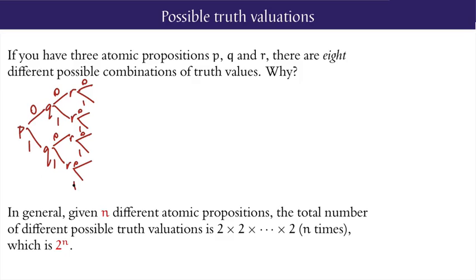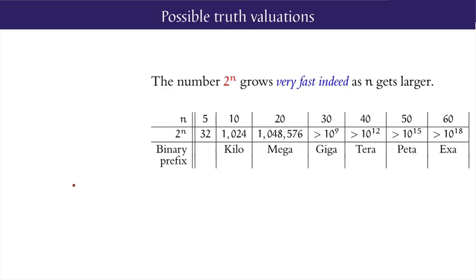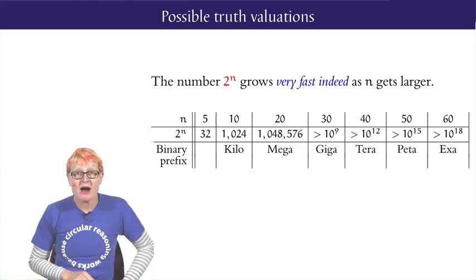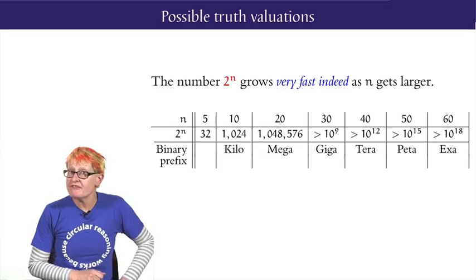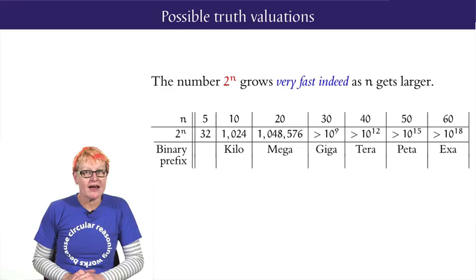In general, if we have n many atomic propositions, then we'll have 2 times 2 times 2, n times, multiplied, which gives 2 to the power n many different possible truth combinations. This quantity, 2 to the power n, grows very fast indeed as n gets larger.